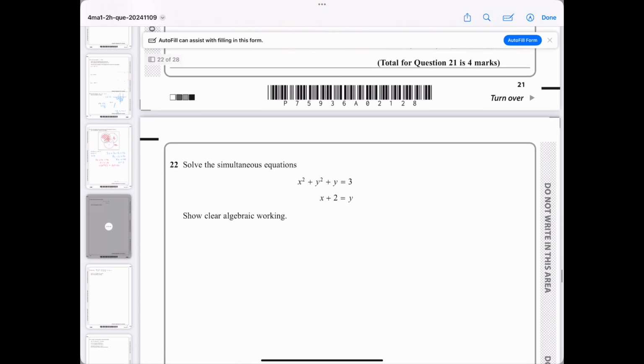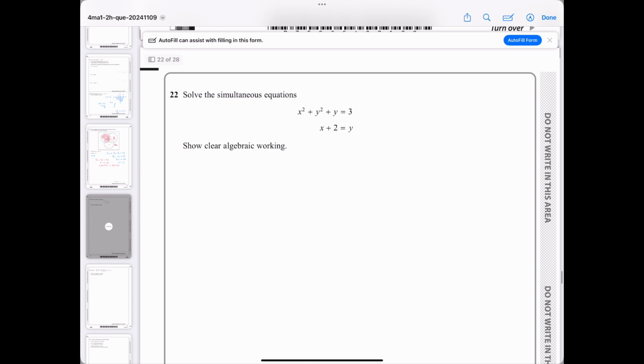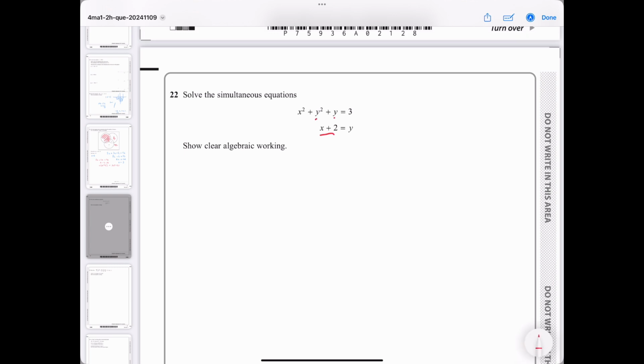Okay, now solve the simultaneous equation. So we know x squared plus y squared equals 3, and x plus 2 equals y. So for every time I get a y, I'm going to put the x plus 2 in. So it goes x squared plus (x plus 2) squared plus x plus 2 equals 3.